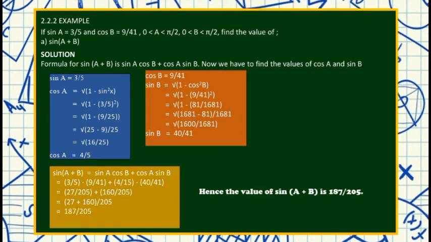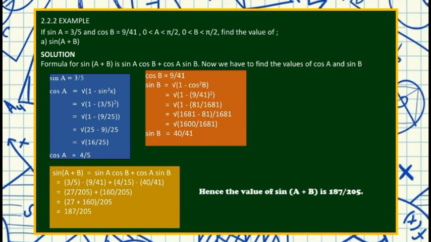So we get square root of 16 over 25. We solve the square root, and cos A is equal to 4 over 5.